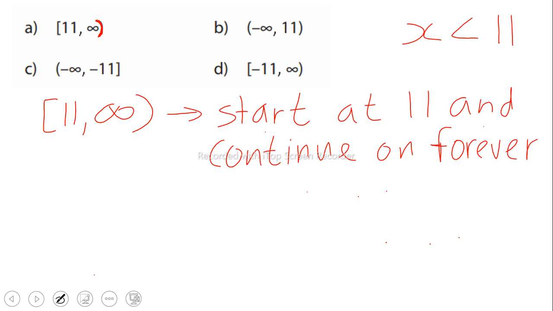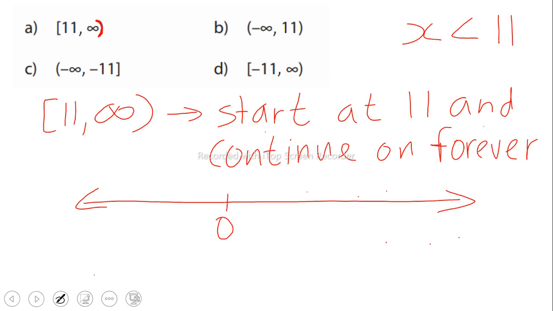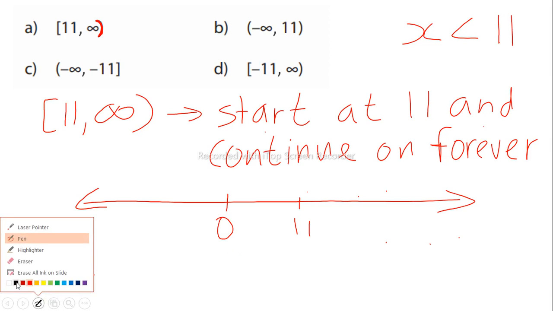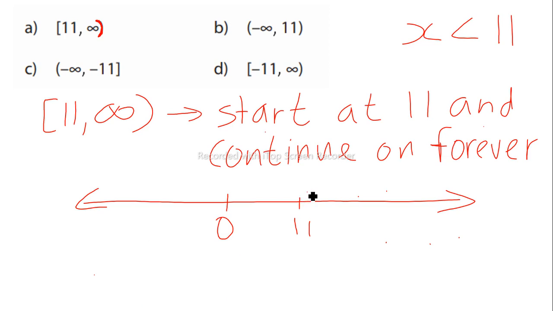Now, how would we write that or draw that graphically? Well, it's going to be something like this. If we put 0 here and we put 11 here, this is saying, hey, listen to me carefully. Start right here at 11. And then where are we going to go after 11?